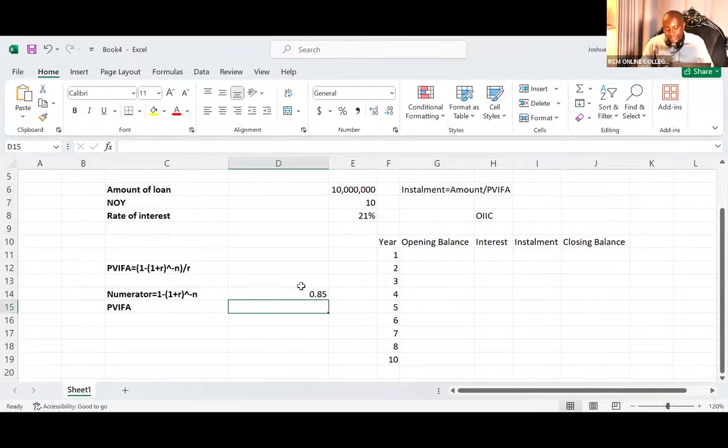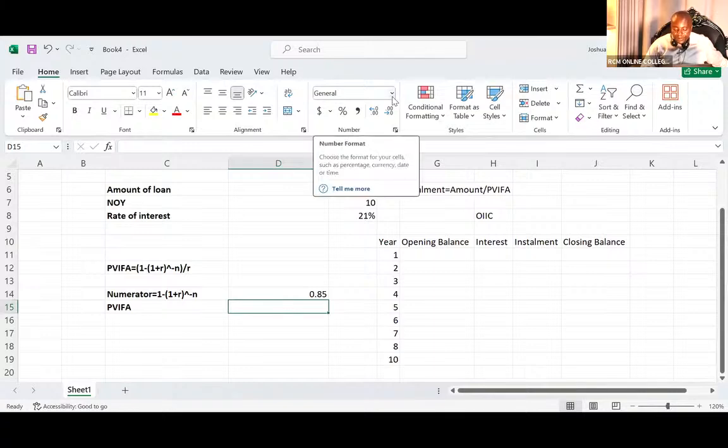Is there somebody who is able to get that numerator? These guys who told me to repeat, are you able to get that numerator? At times it comes in form of percentages. You can always come and change here. Once you get the numerator, to get PVIFA, you will come and take the equals.